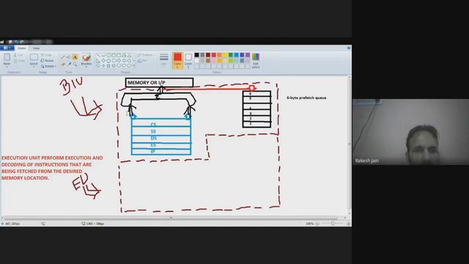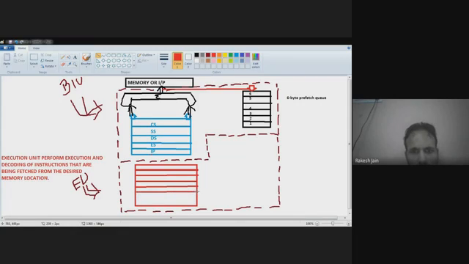Okay, so I just draw here. So there are 8 registers there: one, two, three, 4, 5, 6, 7 and 8.